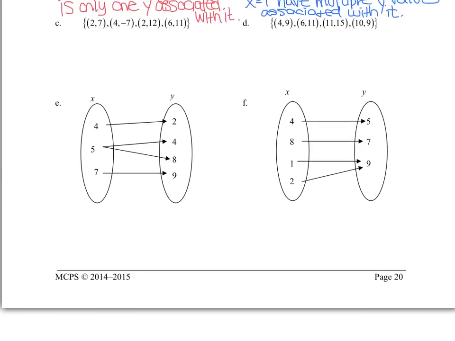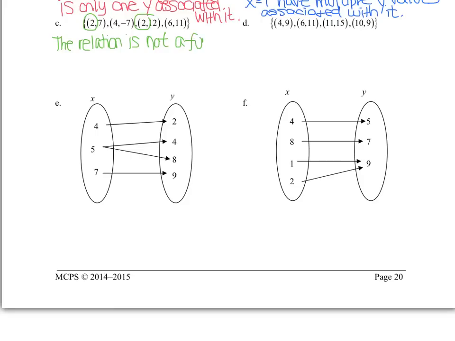Part C says we have the points (2, 7), (4, -7), (2, 12), and (6, 11). And what we can see from here is that the relation is not a function. And the best reason why is to give an example.